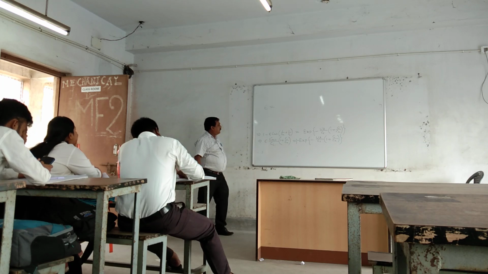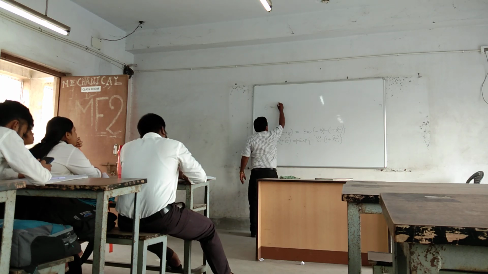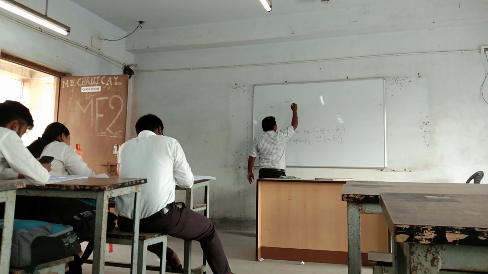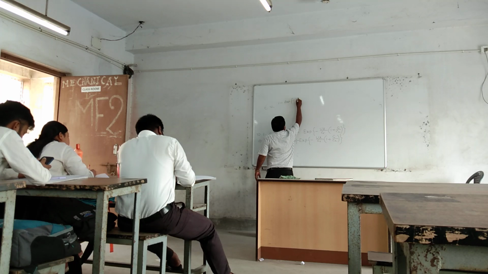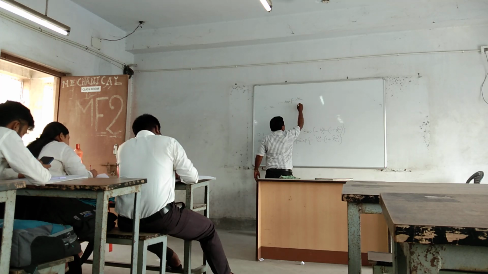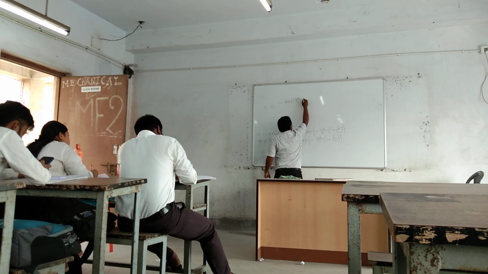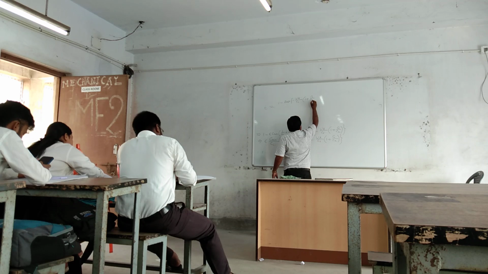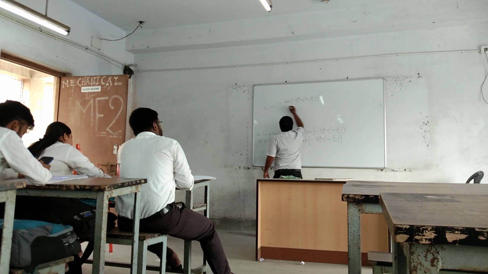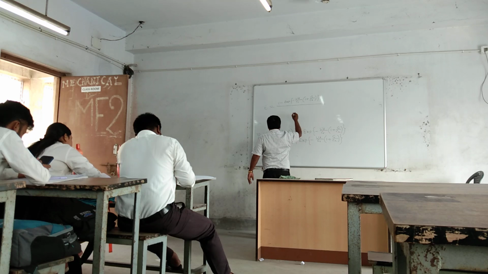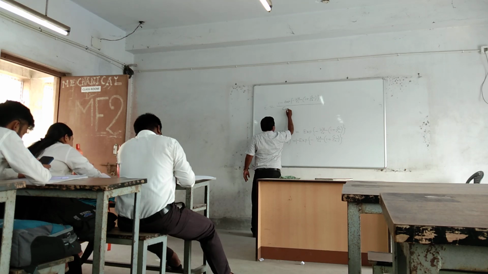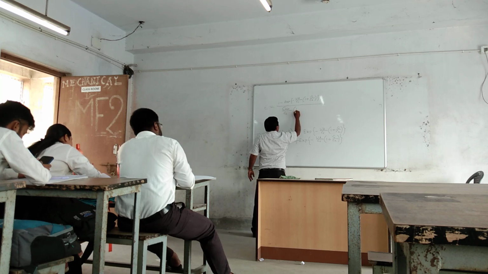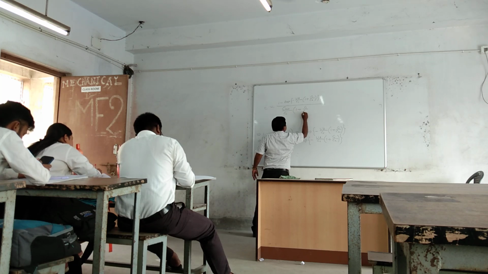So that is 1 minus exponential minus UA by CC into (1 plus CC by CH), divided by C minimum by CC into (1 plus CC by CH).